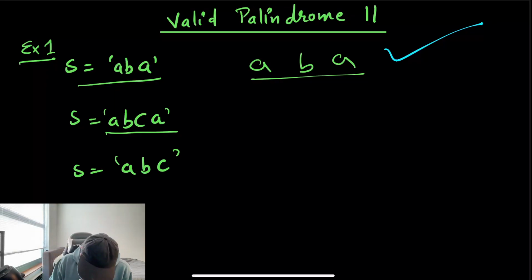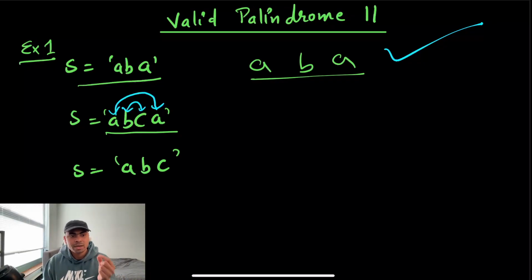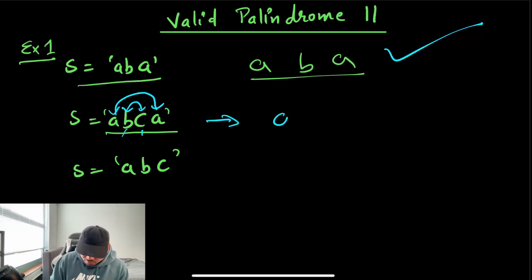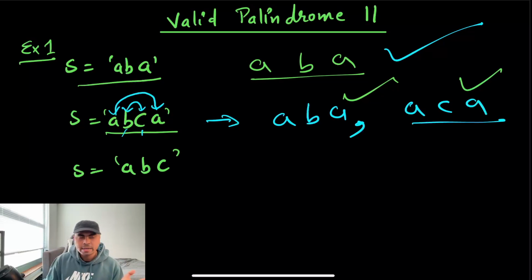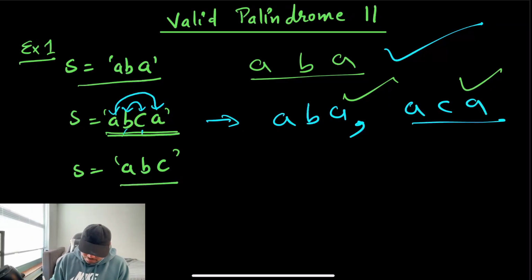A, these two are equal, but these two are not, right? So we have a choice. We can delete at most one character. So we can delete B or C, any of these, and we can still have a palindrome. So A, C, A is a palindrome, and this is also a palindrome. So any of them becomes a palindrome, right?